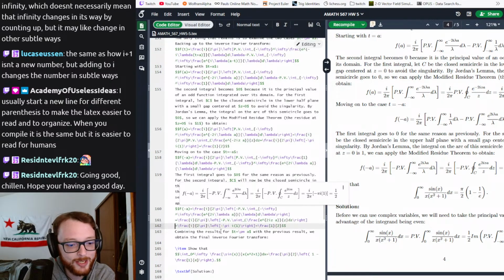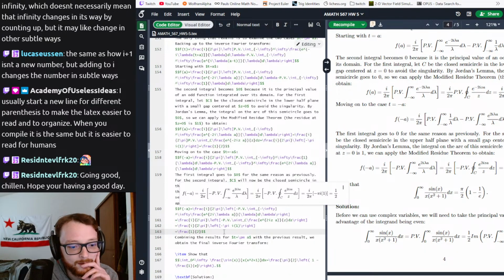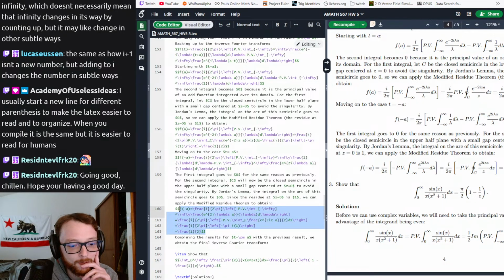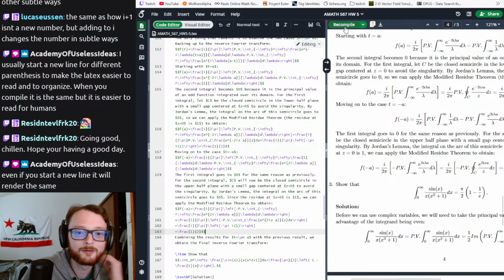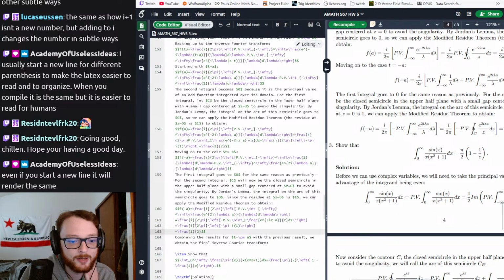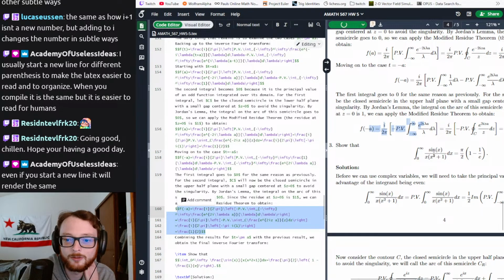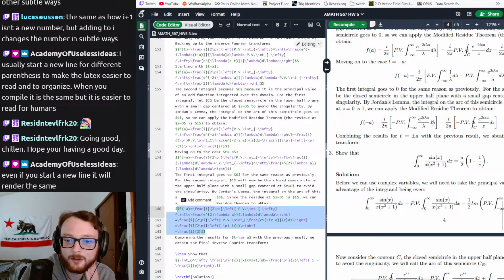But I guess I should actually try that. This is a lot more readable to me. It's still not that readable, but it's more readable. Really? Okay. Let's just try it. So this is this line here. Hit recompile. Yeah, okay, it doesn't change.